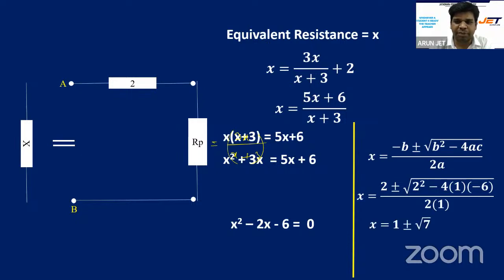So I get 1 plus root 7 as the answer, discarding the negative value of x. Is this okay, students? Is the solution okay? Type yes or no in the chat box. All right, yes. How about others?